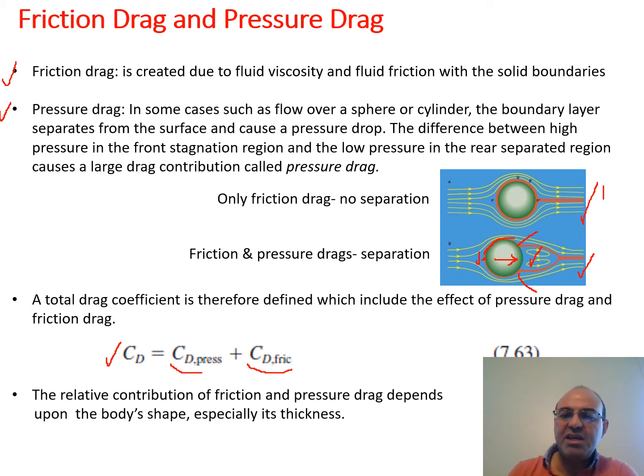In case B, the drag force is comprised of two forces, friction and pressure drop, and pressure drop is sometimes dominant. Now let's look at the relative contribution of friction and pressure drag, which depends on the body's shape, that we will talk about in the following slide.